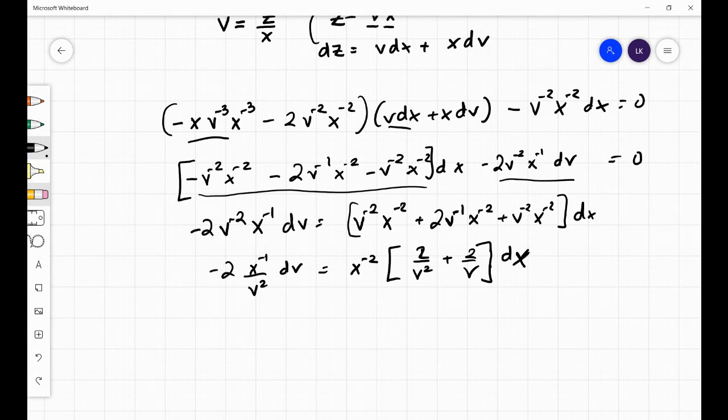So we can bring all the x's to the left and all of these to the right.